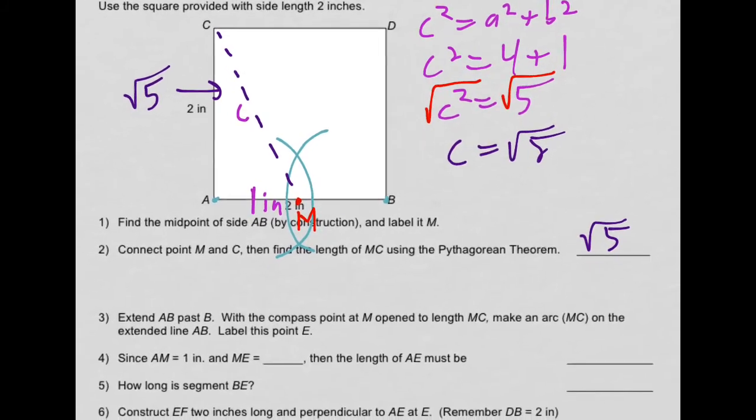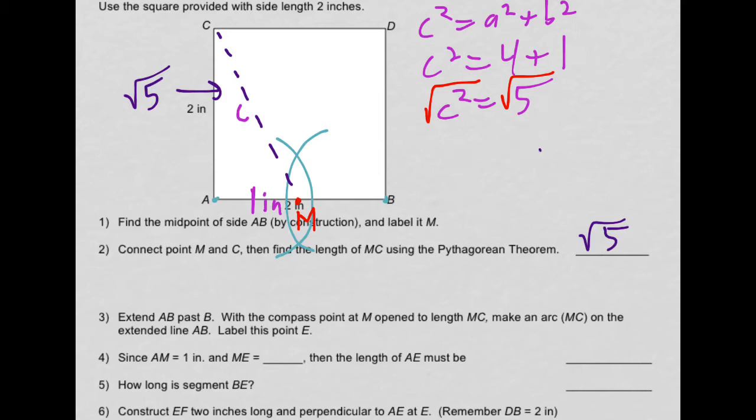Now, extend AB past B with compass point M opened to length MC. Alright, so this is basically what this means. Hold on, let me erase all this stuff here.